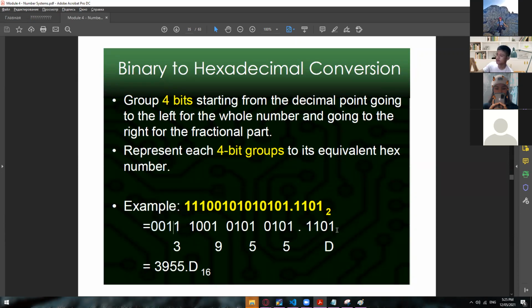From here you can now easily convert this one into hexadecimal. So 1101 is 13, wherein 13 in hexadecimal is D, and then 0101 is 5, so 4 plus 1 is 5. 0101 is also 5, and then 8 plus 1 is 9, and then 2 plus 1 is 3. So you can now combine those into something like this: 3955 dot D base 16.